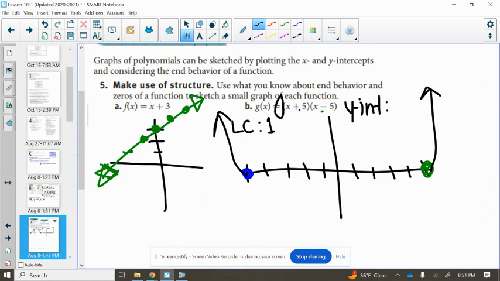So again, we're going 5, 10, 15, 20, 25. If we go down by 5 each time, we see this y-intercept down here of our graph, and we have that quadratic.